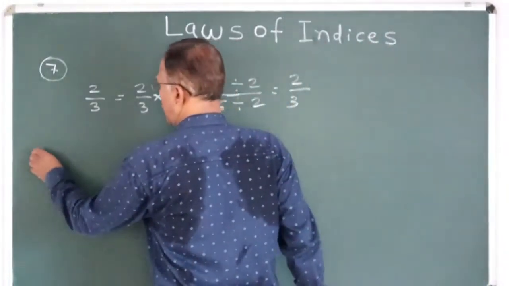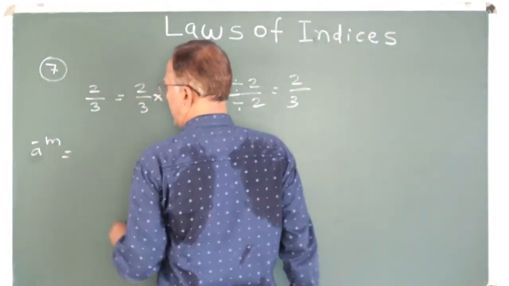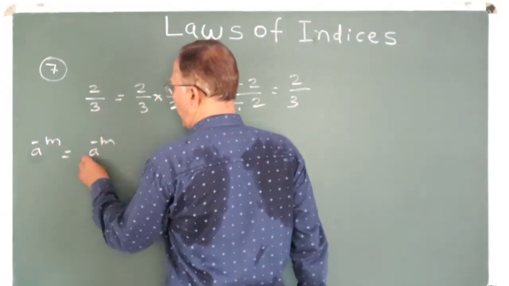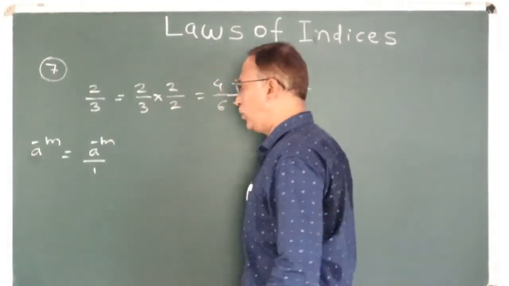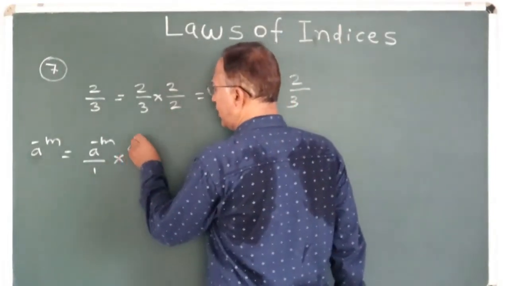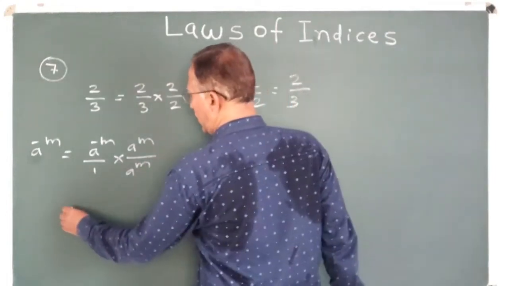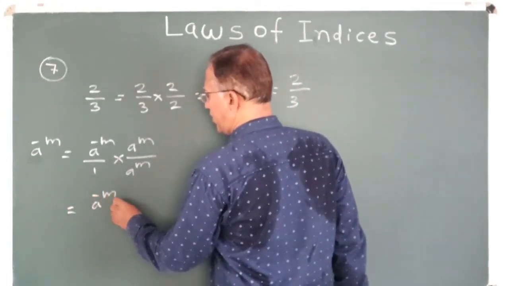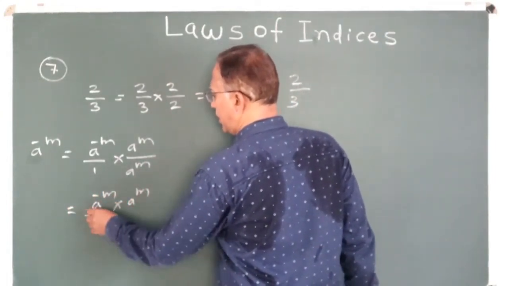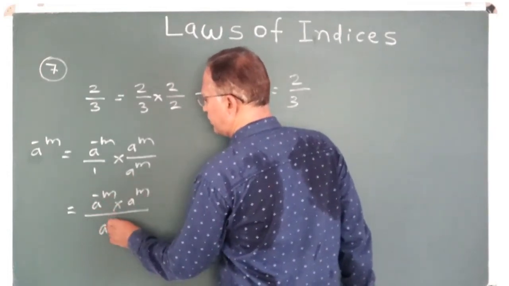So here a^(-m) is a^(-m) upon 1. Now we multiply and divide by a^m. So in numerator, a^(-m) multiplied by a^m divided by 1 into a^m.